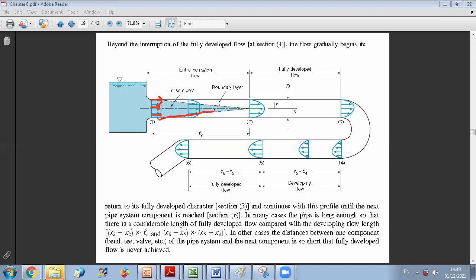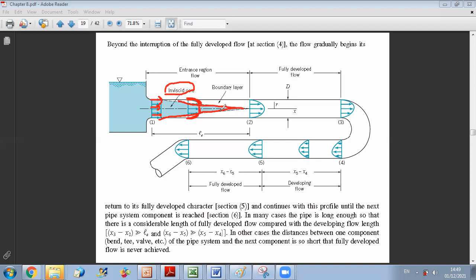Within the boundary layer, the viscous effects are dominant. So as you can see, you will have a change in velocity within your boundary layer, while in the inviscid core region, we call it inviscid because it's not affected by viscous effects, you have nearly a uniform profile.